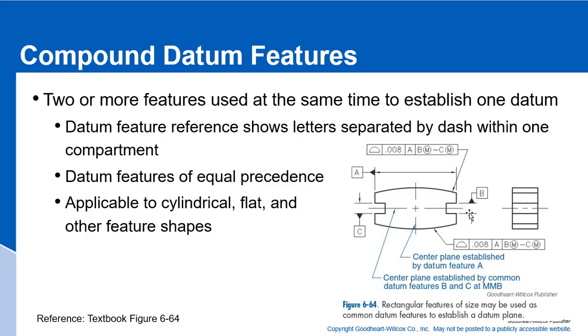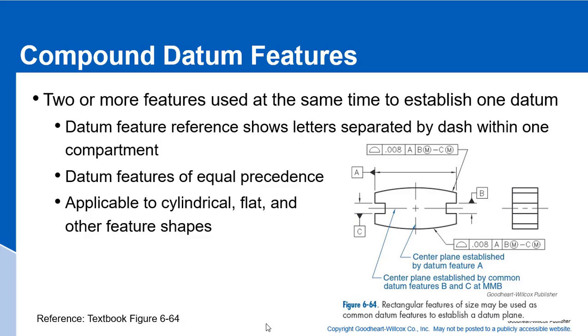What we're doing here is establishing these two datums to establish an axis for the part, and then we use that to check our profile of this surface right here. Our datum reference frame arrests degrees of freedom by picking up both of these two datums.